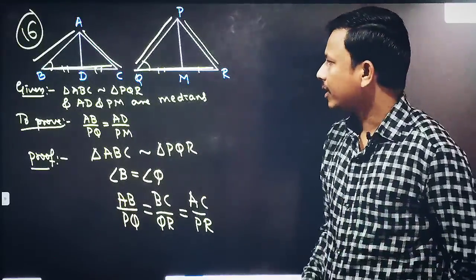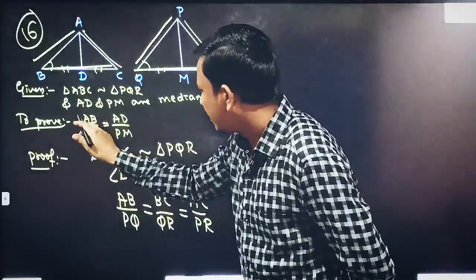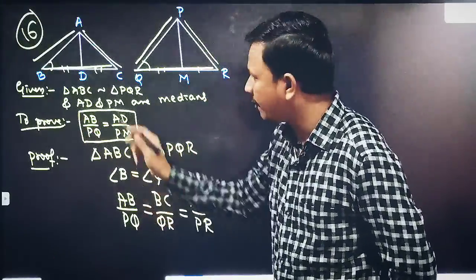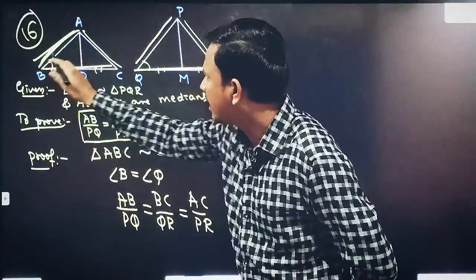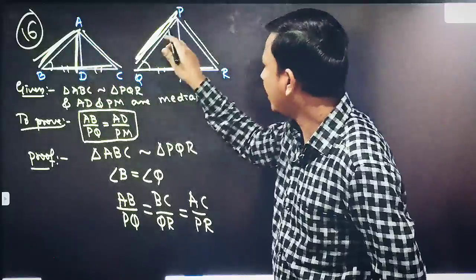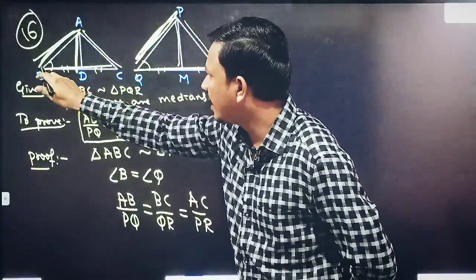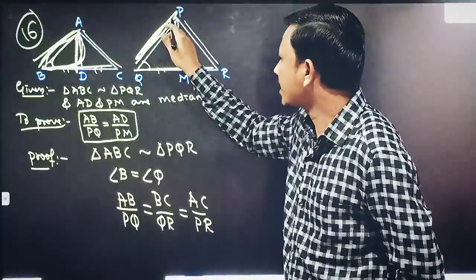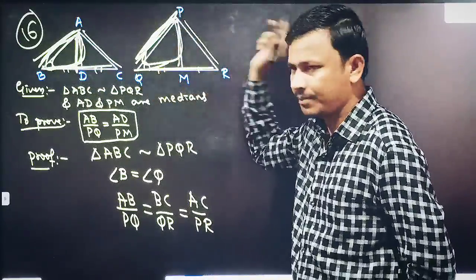Correct? Okay. What is the thing we need to prove here? AB divided by PQ. Where is AB? AB divided by PQ is equal to AD divided by PM. That means what we need to consider? Triangle ABD and also triangle PQM.